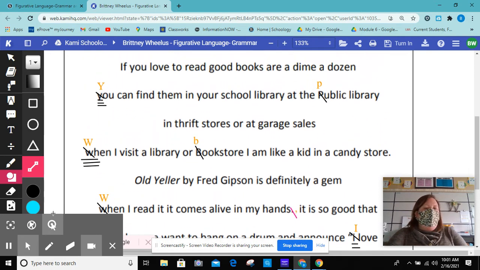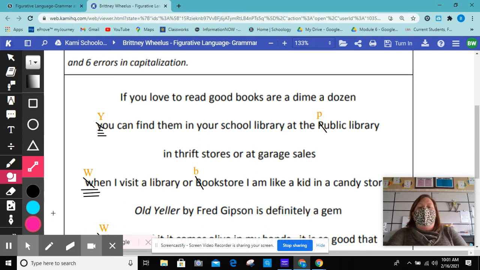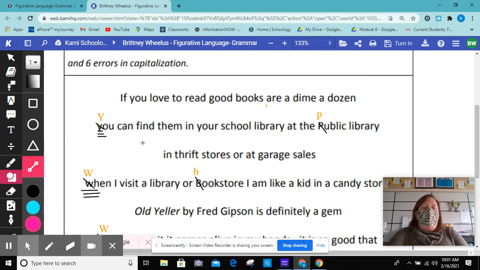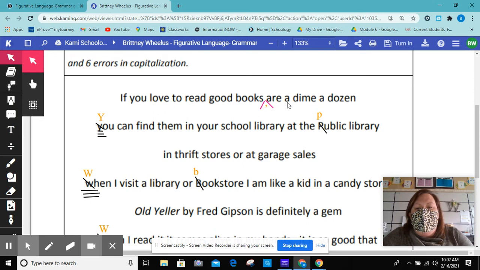All right, let's go back to the beginning. If you love to read good books, what needs to go after books? A comma. Good. Okay, and what's the symbol that we're supposed to use when we're inserting a shape or a symbol like that? We need to use that upside down arrow. All right, y'all got it?